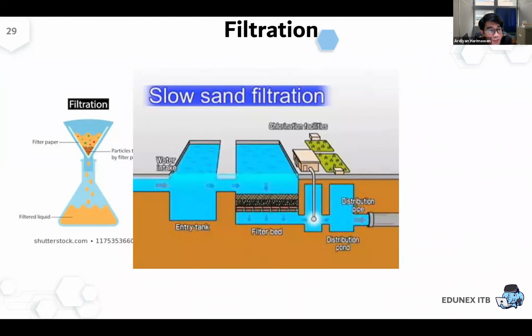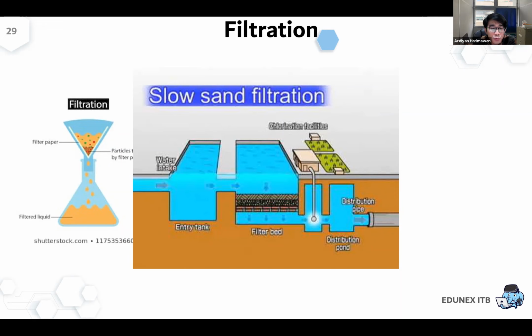Okay, filtration. I think we already discussed this in our last class. Some liquids might contain particles or solids, and either you want to get the solid or you want to get a clear liquid.